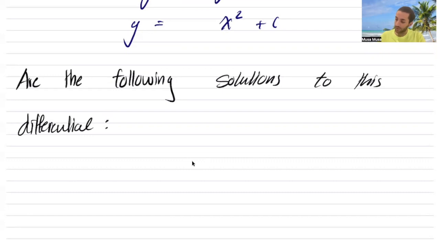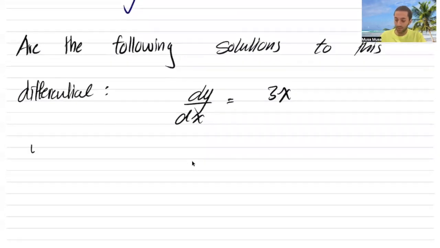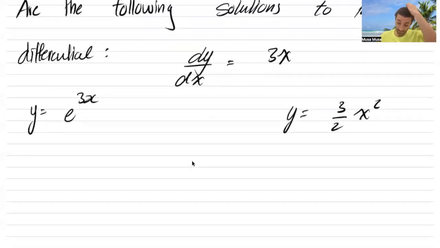I should probably mention that: dy/dx equals 3x. And let's have here y equals e to the power of 3x, and here y equals 3 over 2 x squared. Have a go. Tell me if when you differentiate either of these two, it satisfies it.